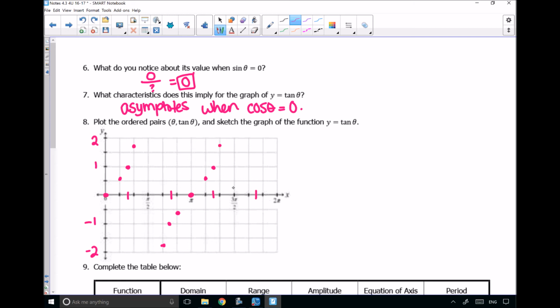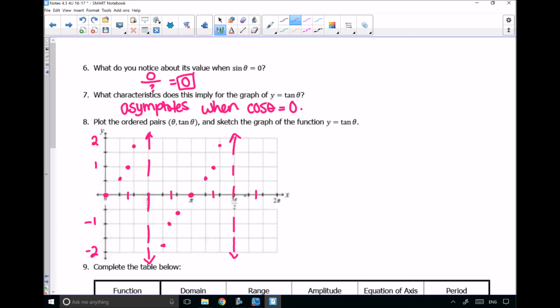And then at 3 pi over 2, we have undefined. And it definitely looks like we're going to have an asymptote, because this is going to keep increasing, and if this starts down at the bottom, then there definitely is an asymptote here, which means that we have an asymptote right here as well. Okay, so we left off with 3 pi over 2.